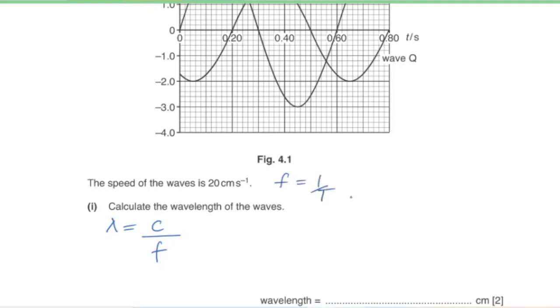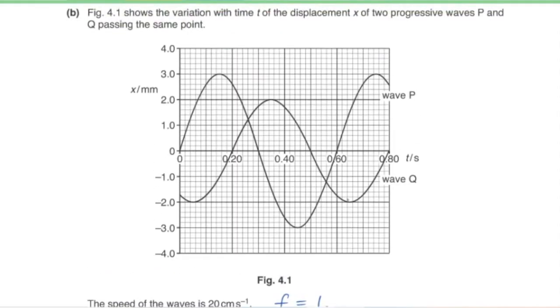We first need to find the time period for wave P and Q and confirm if they have the same time periods. Now, time period for wave P is going to be from 0.15 seconds until 0.75 seconds.